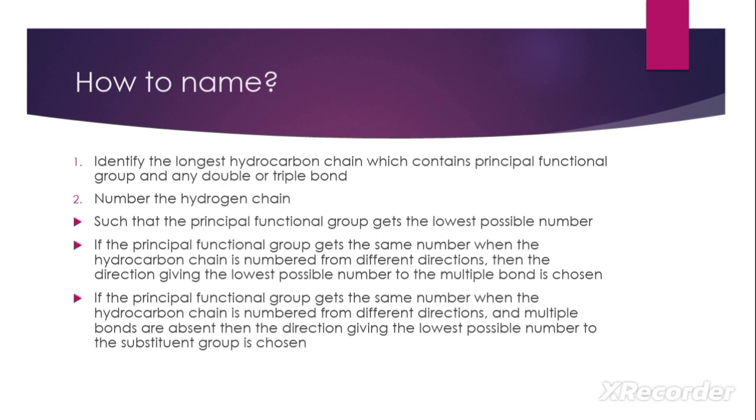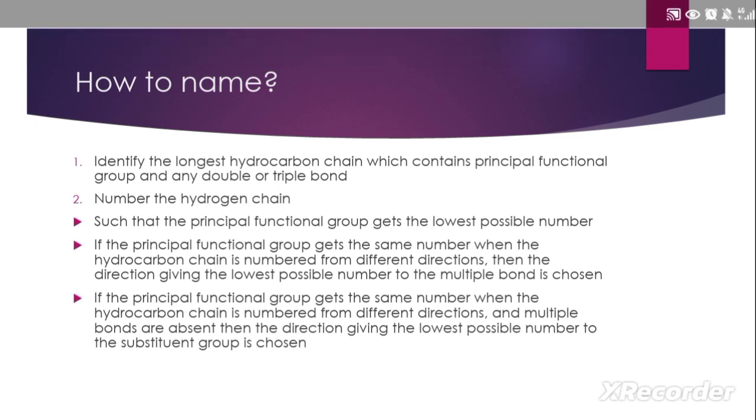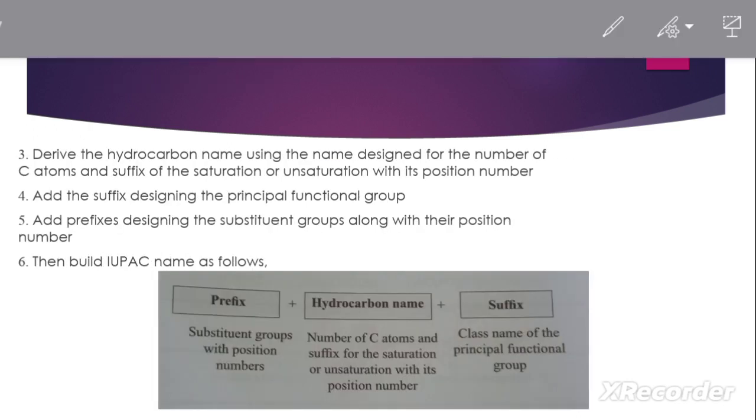And if the principal functional group gets the same number from all directions and there is no multiple bond, in such situations the lowest possible number is given to the substituent groups, right?